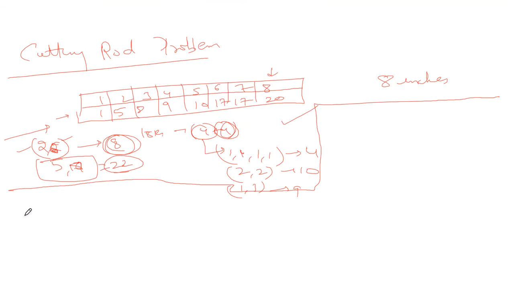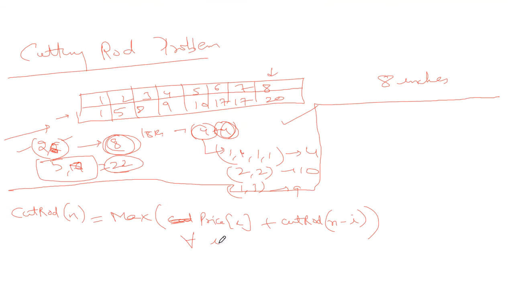The recursive function that we wrote yesterday was something like that: cut rod of n will be equal to the maximum of price of i plus cut rod of n minus i for all i equal to 1 till n, and equal to 0 if n equal to 0, right?